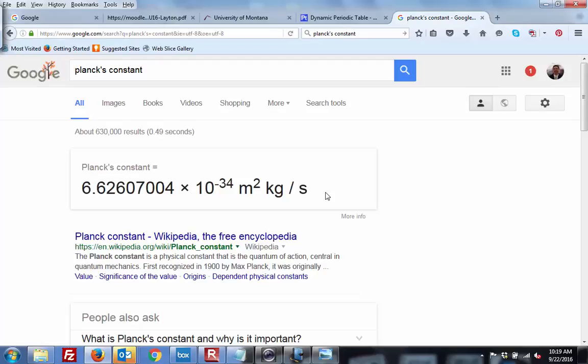6.626 times 10 to the negative 34th meters squared times kilograms divided by seconds. Write that down, then convert that into joule seconds and then solve the problem. So 6.626.